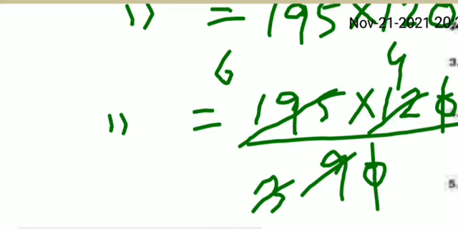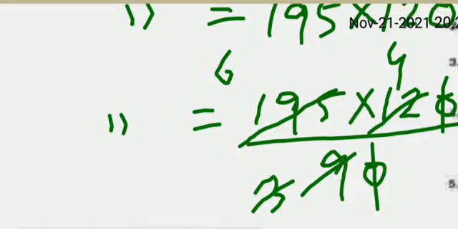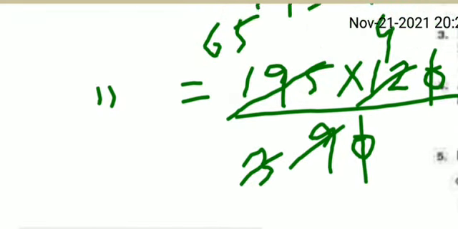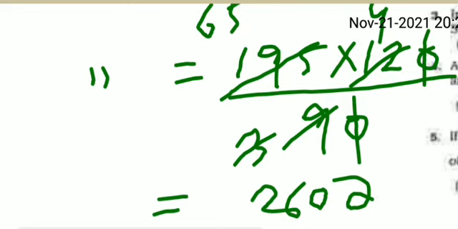When you cancel by 3 to 195, then 3 6s are 18, so 19 minus 18 is 1, so it will be 15, so 3 5s are 15, so 65 into 4 you will get 260 days. So 90 men get the provision up to 260 days.